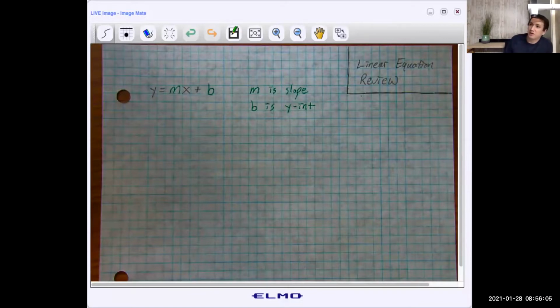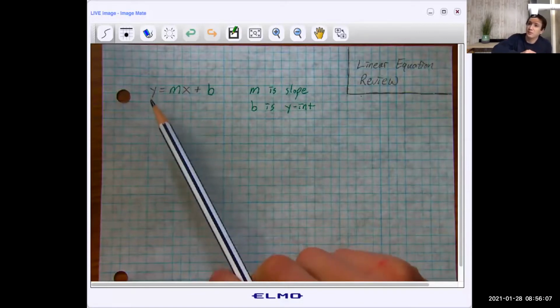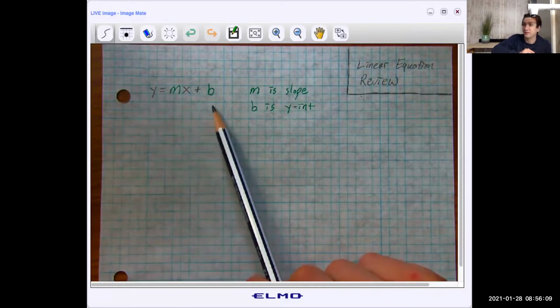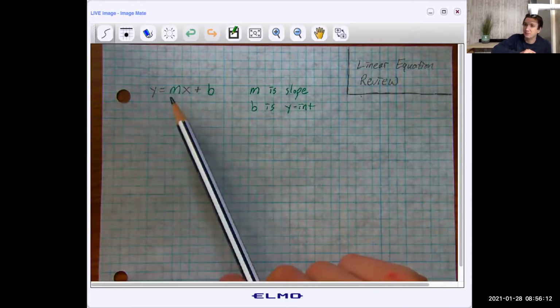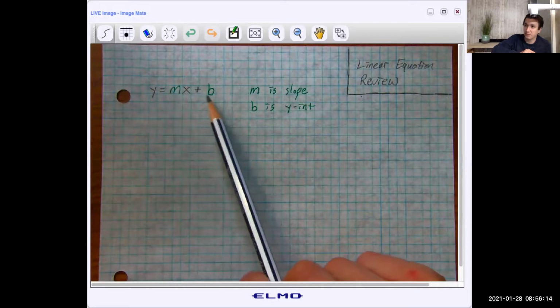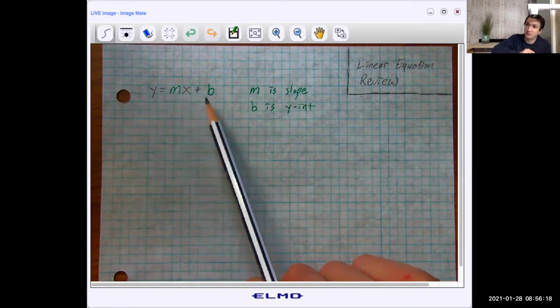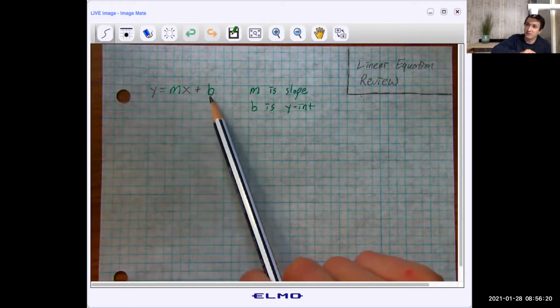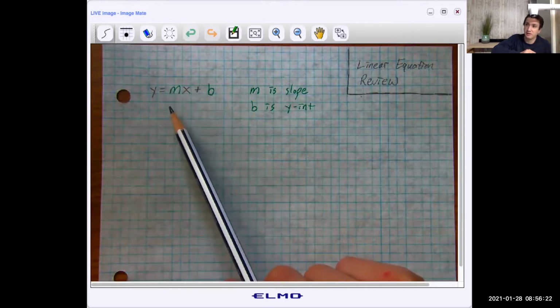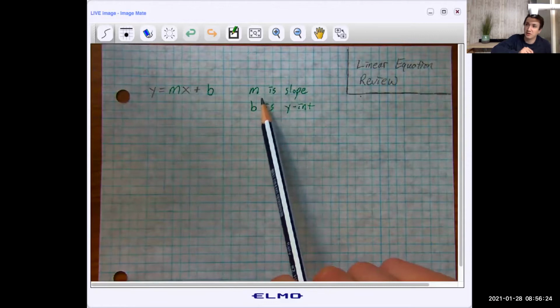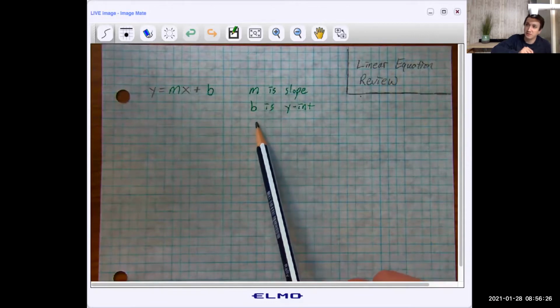The first equation we learned was this one, y equals mx plus b. And notice my use of color here. This is really important. In these equations, we need to replace those green letters with some sort of number. And in this case, we know m is a slope and b is a y-intercept.